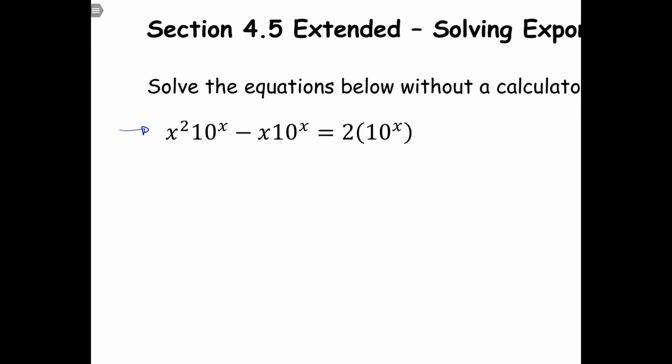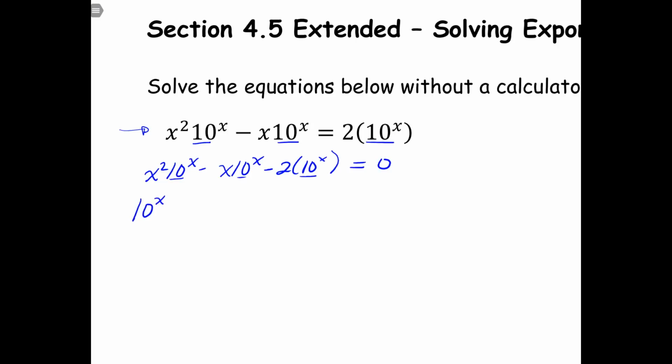Hopefully you're noticing the 10 to the x is in each term. So we would set this equal to 0: x squared times 10 to the x, minus x times 10 to the x, minus 2 times 10 to the x is equal to 0. And then we can go ahead and factor that out.